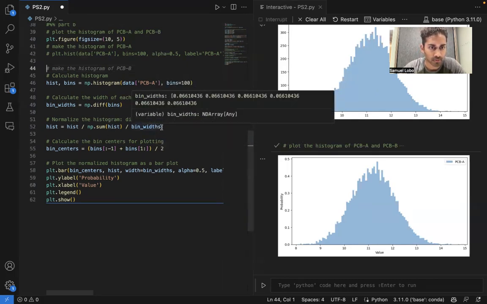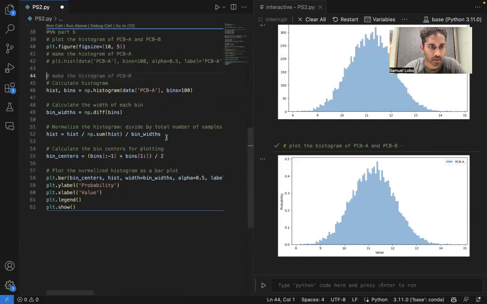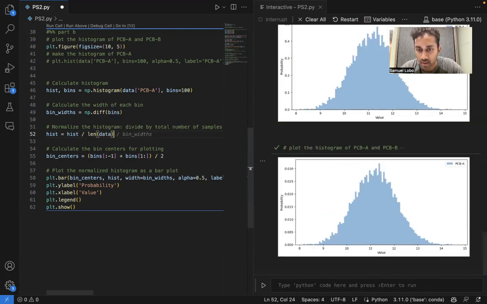So it's normalizing by dividing by the number of samples and by the bin width. So generally what we're supposed to do is take the histogram heights and divide them by the length of the data to get the probabilities. So this looks actually more realistic as a probability.